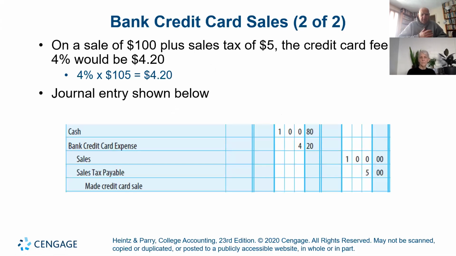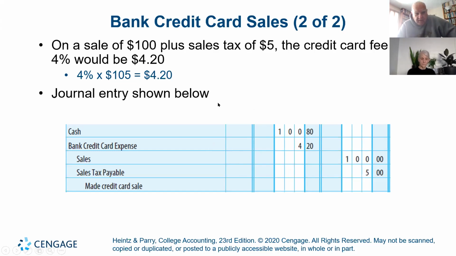So take a peek at it. Oh my goodness, look at this now. We have the complication of selling something to somebody who used a credit card. So what do we have here? We have a sale of $100. They're calling that cash, which I like actually. So we got $100.80 here. That's the cash we received.